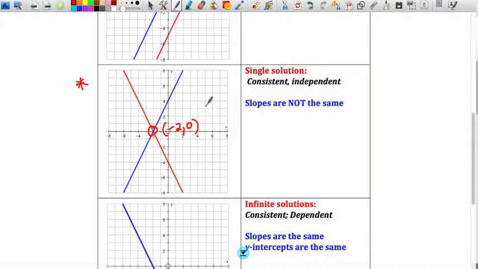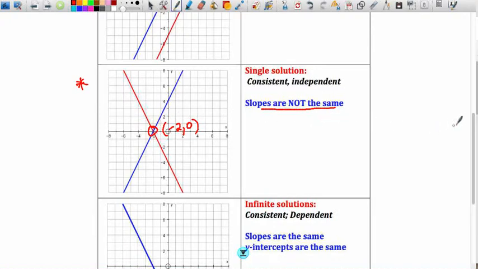What we're going to do now is look at systems of equations graphically, the graphs of systems of equations, and see what the different types of options are. This is the most common, where you have two lines. They clearly have different slopes, and they have different y-intercepts, but the most important thing is the slopes are not the same, and they intersect each other at one point.